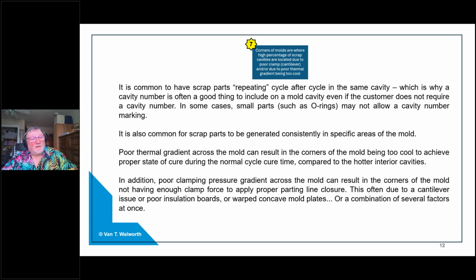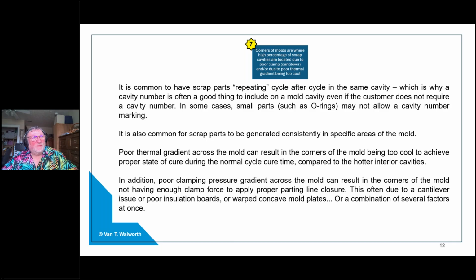And what those problems are is that very often the corners are not supported very well by the ram. We get into problems with the plates of the mold or even the platens of the press. They start flexing and they're not able to distribute force evenly across the corners of the mold.